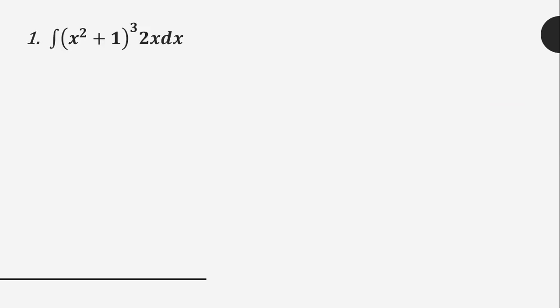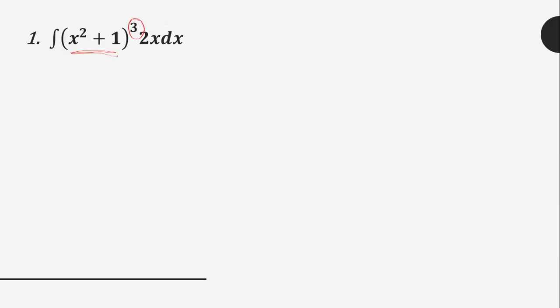So if you are given such function, such as the integral of x squared plus 1 cubed, 2x dx, observe that there is a function under this exponent. Okay?